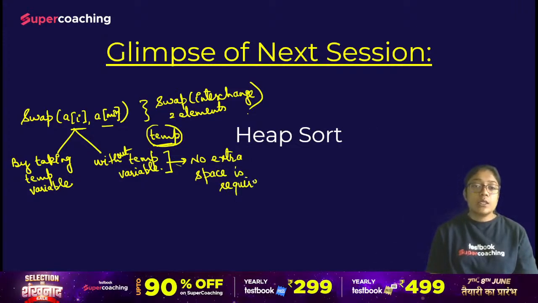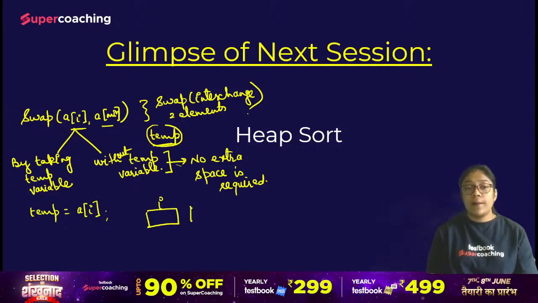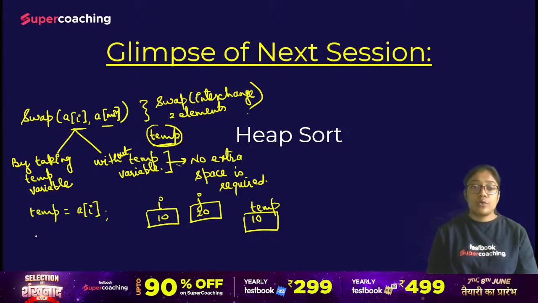If you are using the second concept, with the help of a temporary variable, we are going to take here one temporary variable and initialize it with the value of a of I. For example, you have I and j, the values are 10 and 20, and in temp what I'm storing is whatever value is in I. After that, we store a of I equal to a of j.